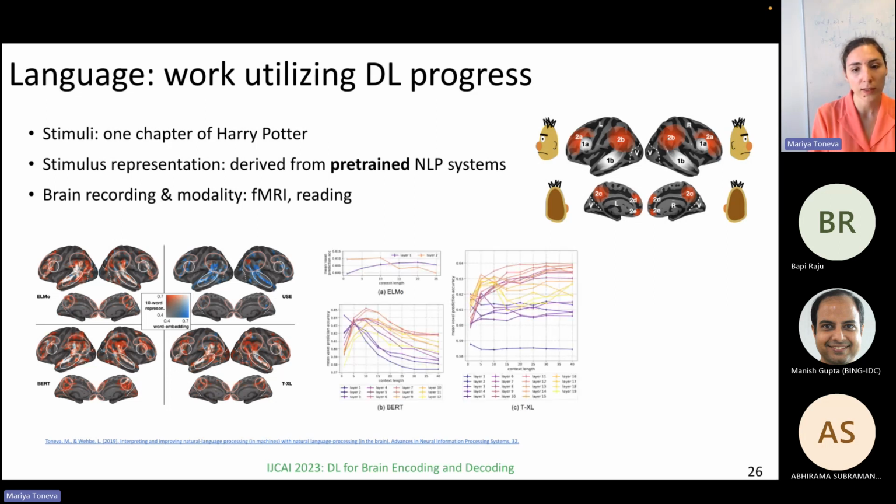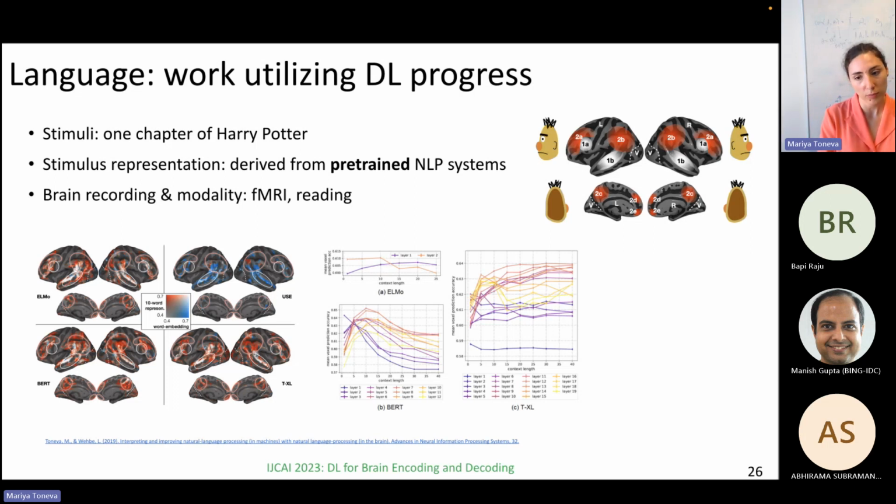So what we found was that indeed Transformer-XL was able to maintain the most context. As we provided more and more context to Transformer-XL, it was the only model that continued to predict the brain response better and better. Of course, up to some point, only about 50 words or so, which is much shorter than the long range that Transformer-XL should be able to maintain.